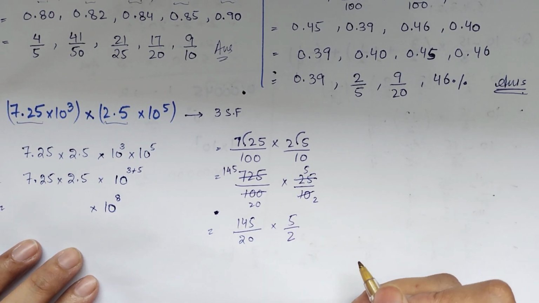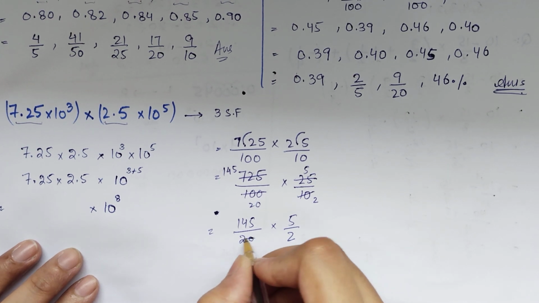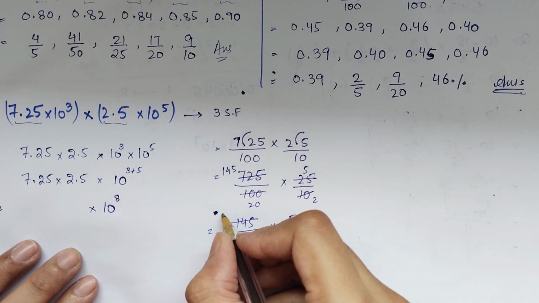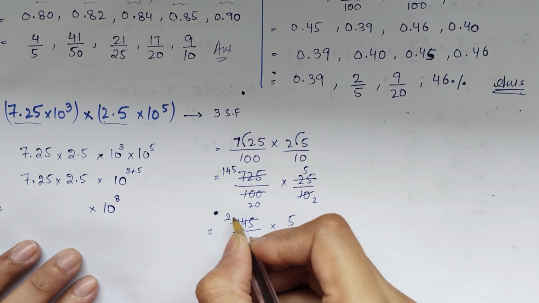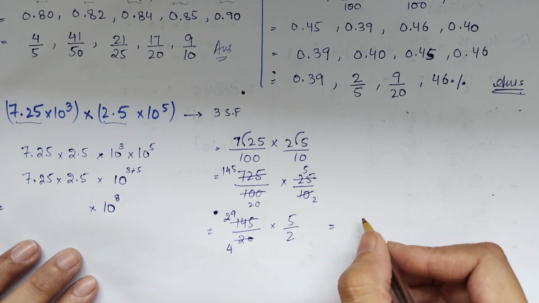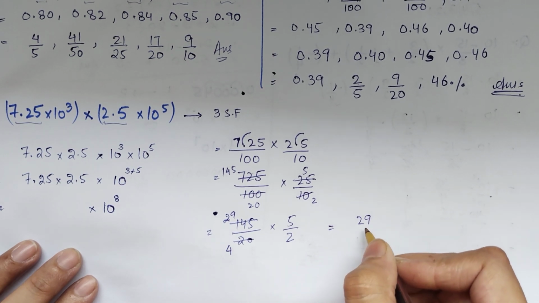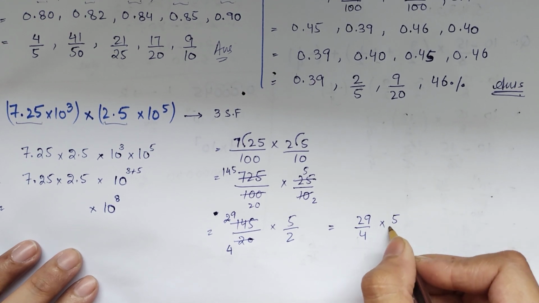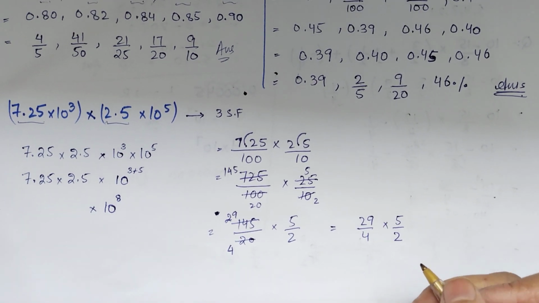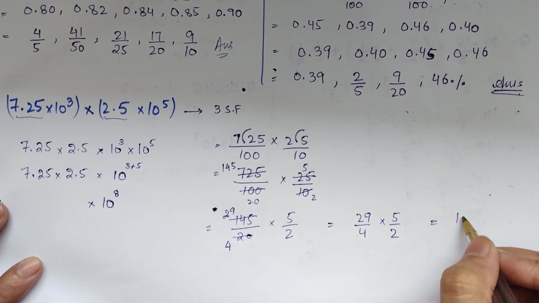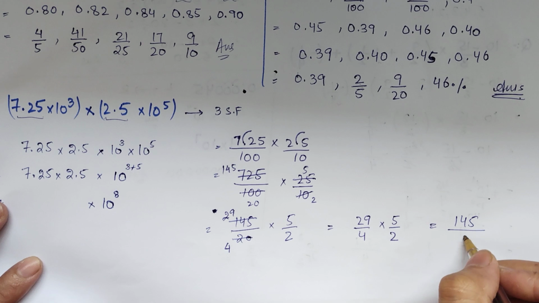Again simplification is possible, we can do it. 5 4s are 20 and 5 9s are 45. So the simplified form becomes 29 over 4 multiplied by 5 over 2. It is equal to 145 over 8.